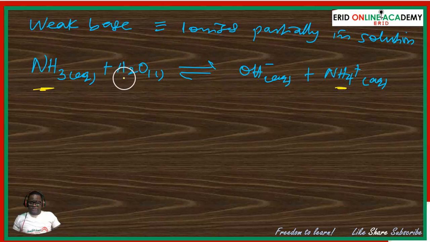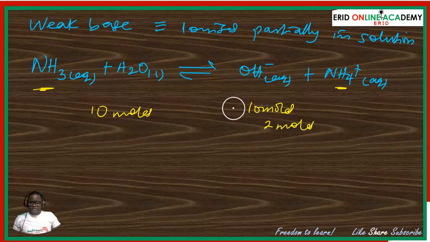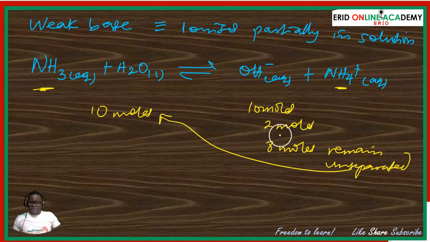So in this case, what makes this ammonia a weak base? If this ammonia has the capacity, for example, to produce 10 moles of hydroxide, and it ends up producing only 2 moles of hydroxide in solution, that means 8 moles remain unseparated, while only 2 will be in the solution.